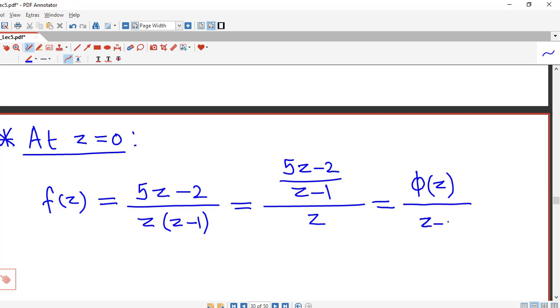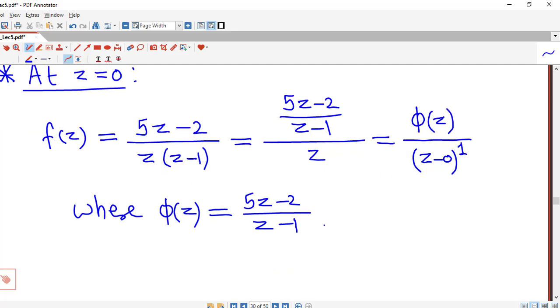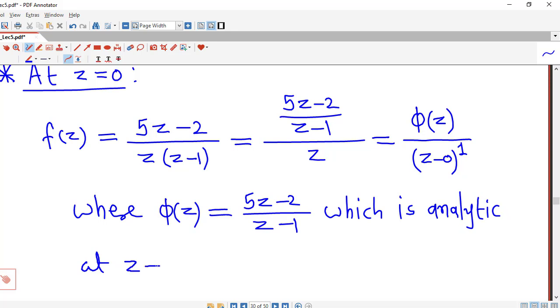This we can rewrite as phi of z over (z minus 0) to the power 1, where this phi of z is nothing but (5z minus 2) divided by (z minus 1), and this is clearly analytic at z equal to 0.